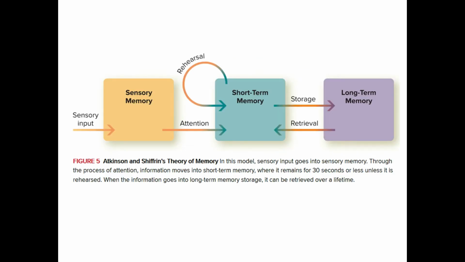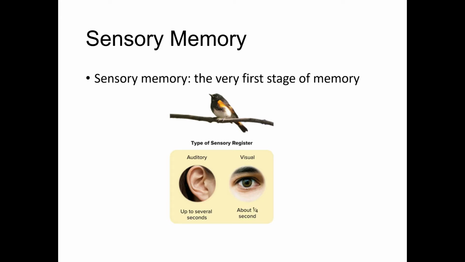So using this three-stage theory of memory, we will go over each one, and we begin with sensory memory, the first one. Sensory memory is the very first stage of our memory, and depending on how we input the information, there are actually two different names.